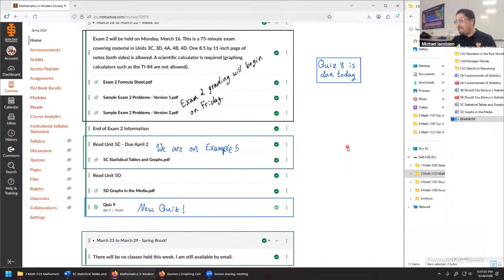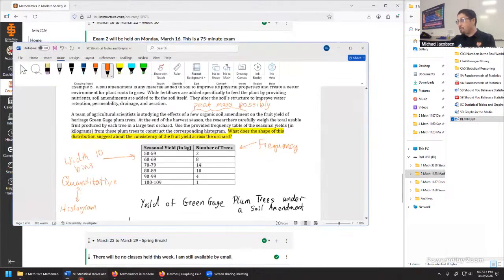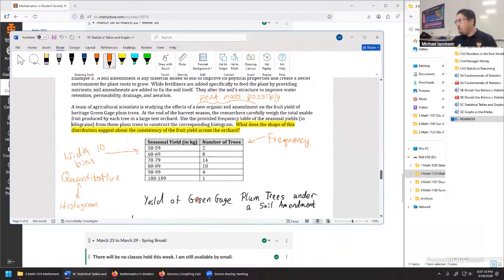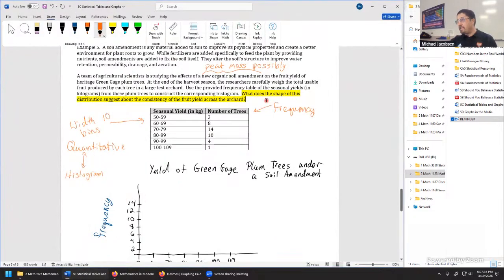Okay, well, let's jump back into our unit on statistical tables and graphs. We started off thinking about tables, thinking about types of variables, and now we're ending the section on doing some graphs. We've done one already for categorical data, and we got set up starting on this one here for quantitative data.